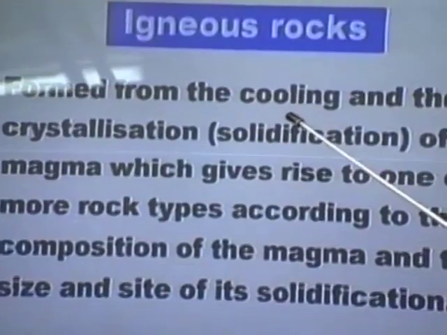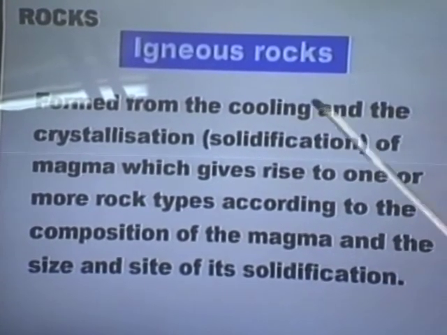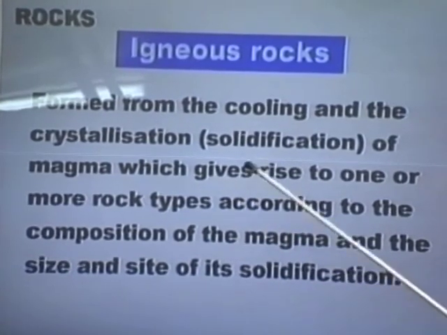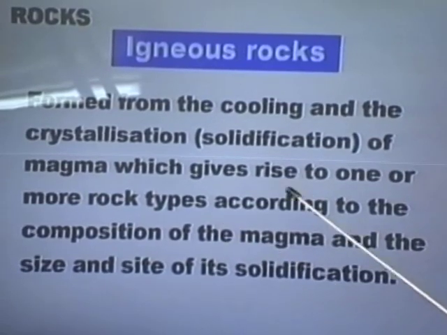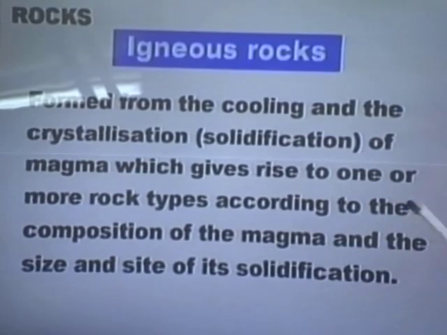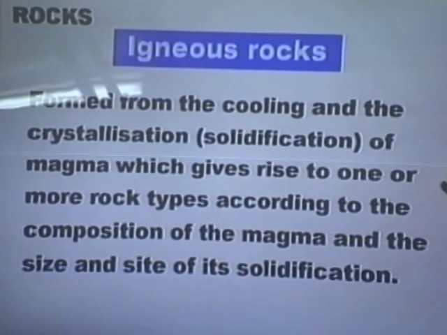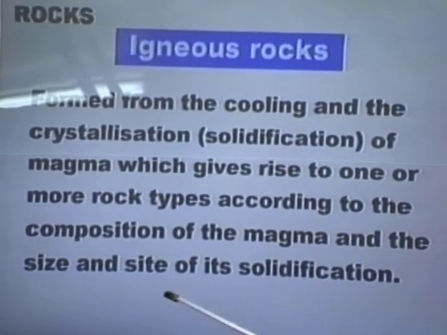So we are looking at the cooling, crystallization, or solidification of magma, which gives rise to one or more rock types, again according to the composition of magma and the size and site of its solidification. And this is important because from the site and the size we can further subdivide the igneous rocks.